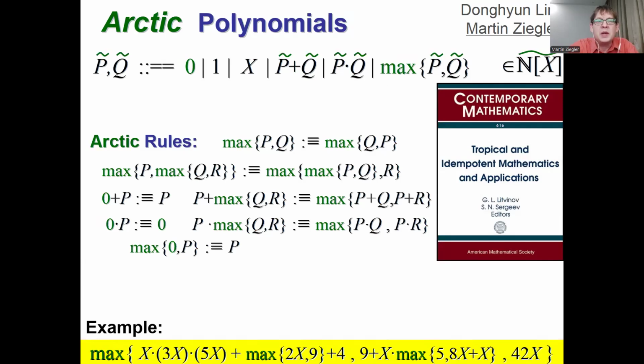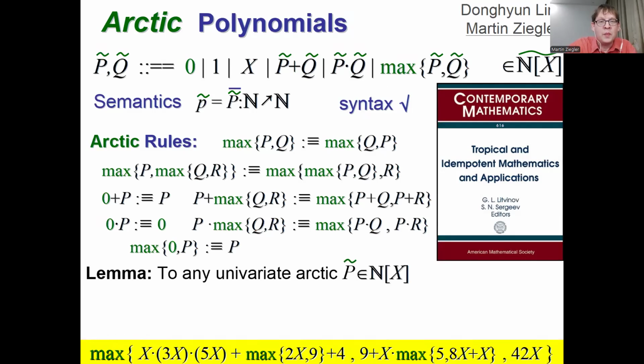And whenever we deal with an Arctic polynomial, I'm going to put this tilde on top of them to distinguish them from ordinary polynomials. That's the syntax. And the semantics is still obvious. It still gives rise to a non-decreasing mapping, but now it's not a polynomial mapping, it's an Arctic polynomial mapping.